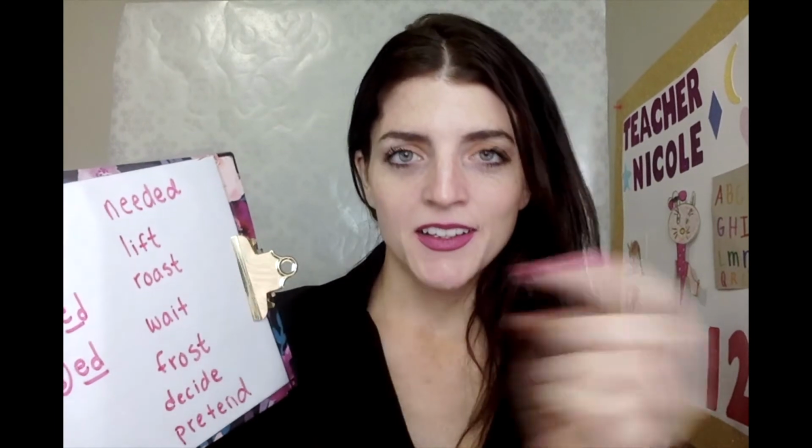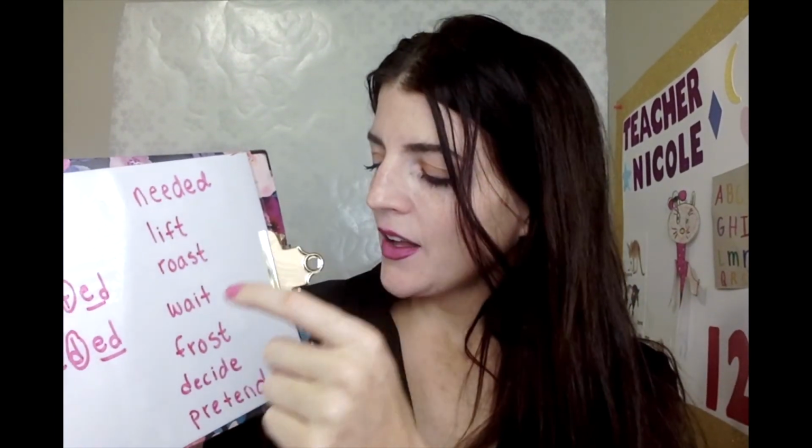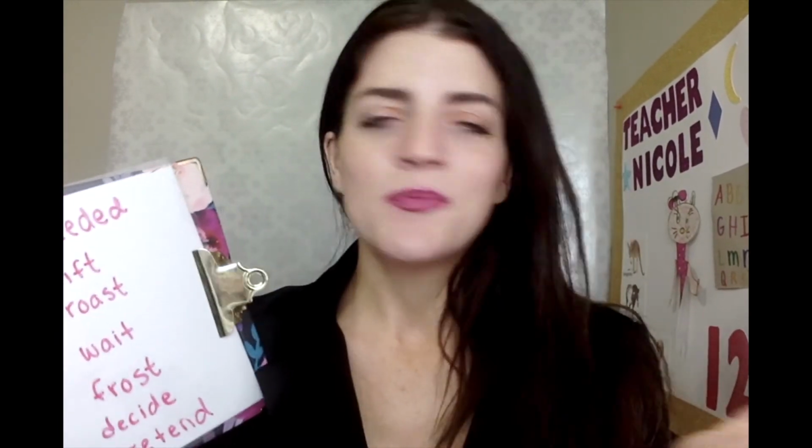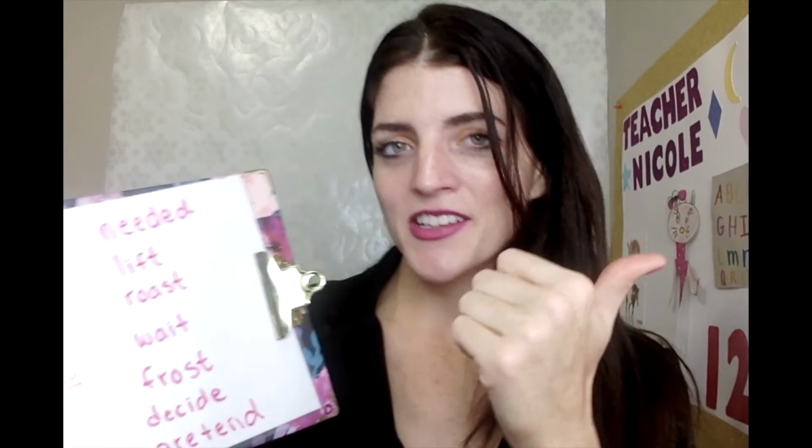So I had lifted that, but it broke anyways. I had needed to go to the store, but I didn't have to after all. So these are just some examples of regular verbs that are pretty simple in conjugating to the past tense.